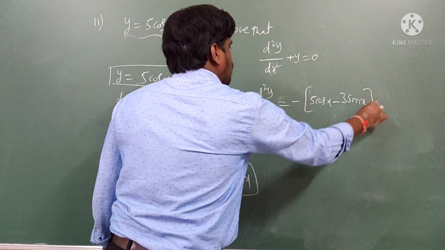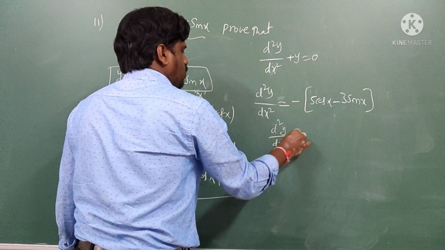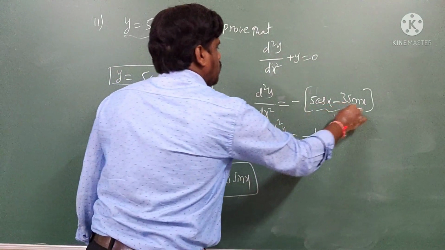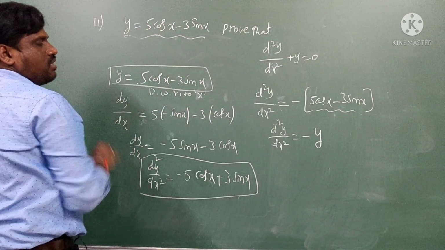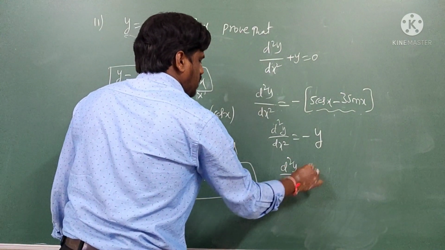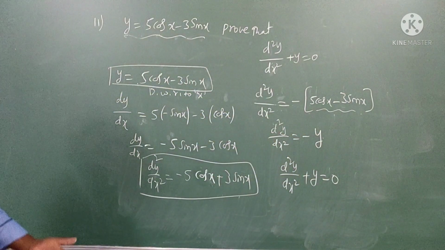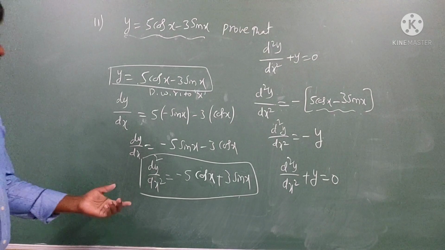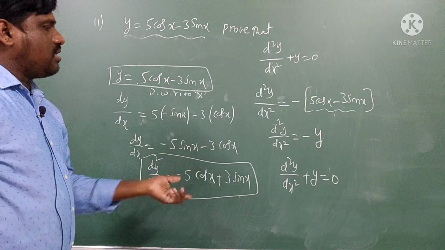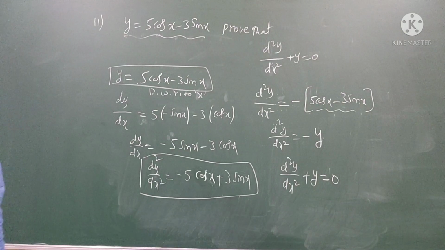Then d2y by dx square is equal to minus of this total, which is again the question, minus y. So d2y by dx square plus y is equal to 0. Hence proved. So you can substitute these values, or you can take the common. Like this you can solve the problem.